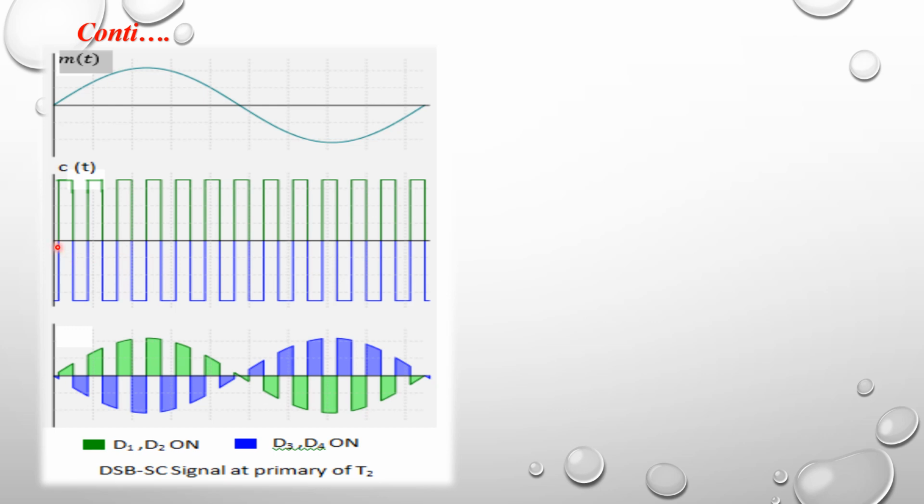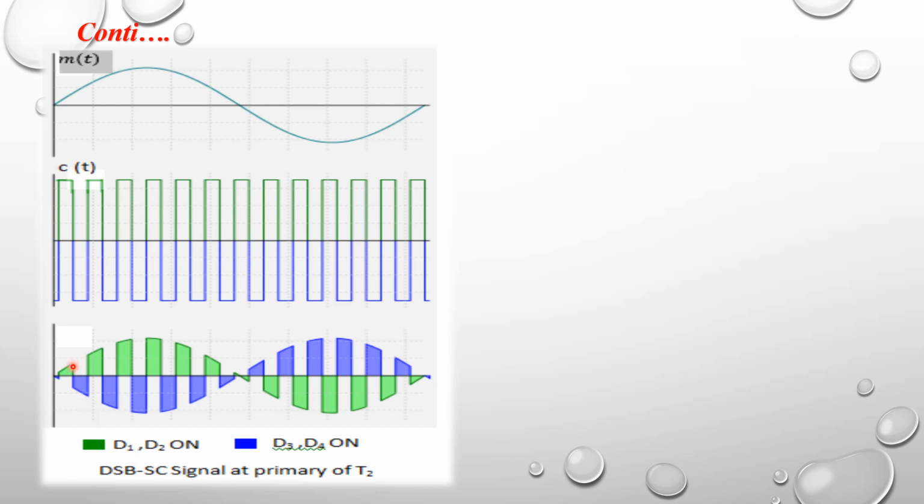During the positive half cycle, diodes D1 and D2 conduct the signal, because D1 and D2 are forward biased during the positive carrier signal. During the negative cycle, diodes D3 and D4 conduct the signal, because D3 and D4 are in forward bias condition.